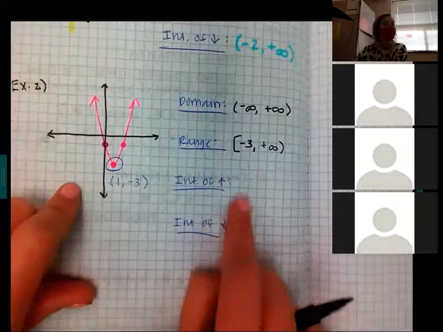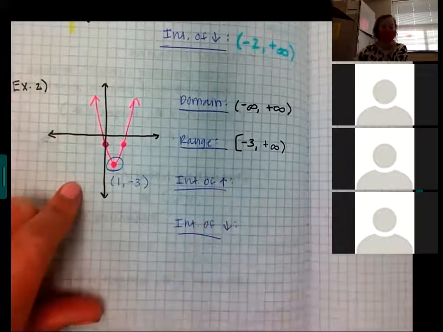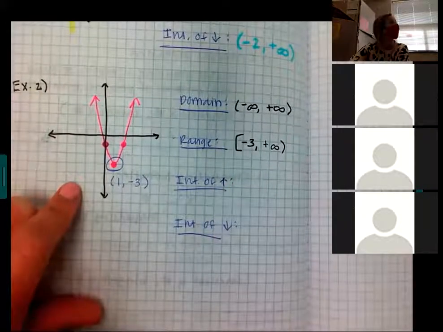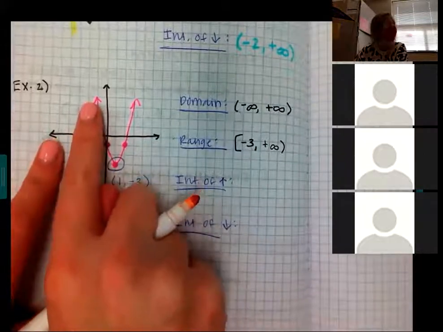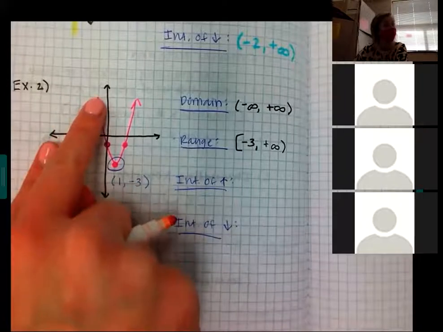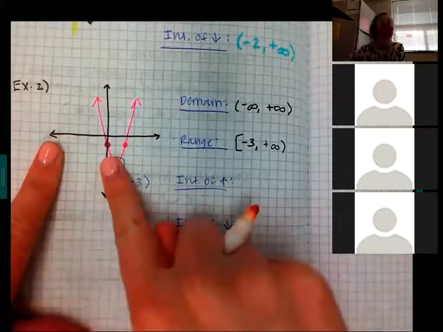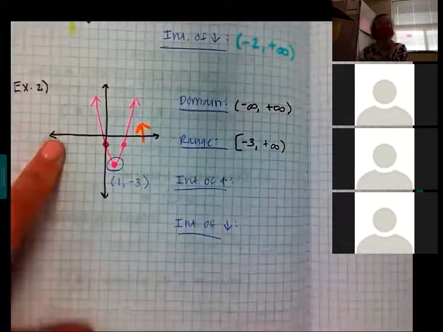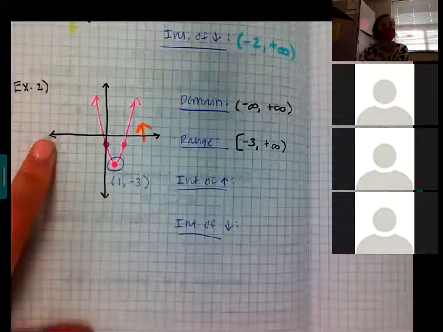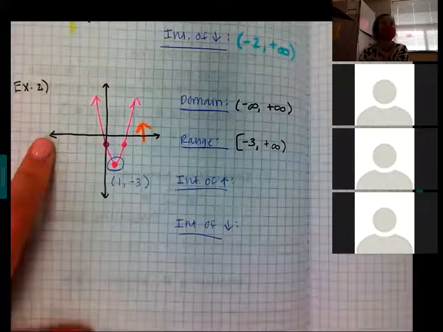Which side is it increasing on? On the right. Yes, this one's different. Everybody look, if you traced it with your finger from left to right, if you start on the left, it goes down and then it goes up. So it's increasing on the right side this time. This should help you because I already had you label a point.